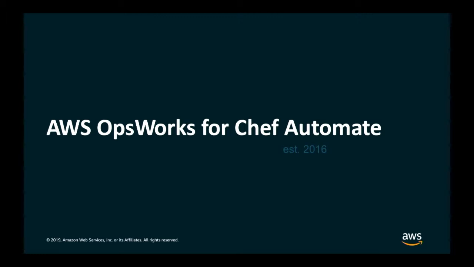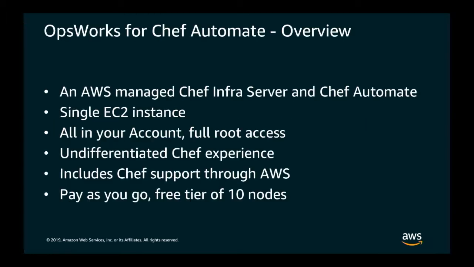The one that I want to talk about a little bit, and where Mark will give you a demo in a few minutes, is AWS OpsWorks for Chef Automate. That's an offering that we launched together with Chef three years ago, where the idea is that together with Chef, we can offer you a managed version of Chef Automate and Chef Infra Server, where you don't have to worry about all the operational overhead of installation, upgrading, version management, backup and restore, and so forth.